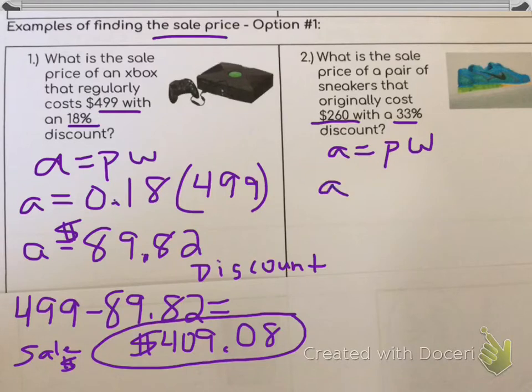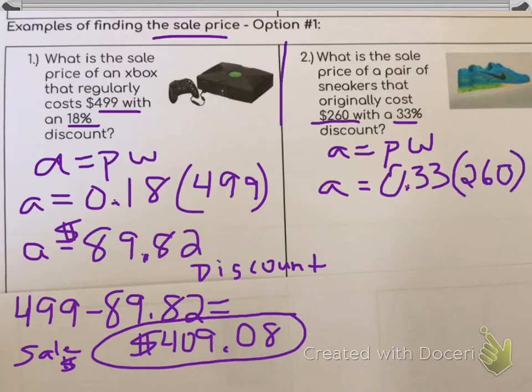We are looking for the part. The percent is 33%, written as a decimal is 33 hundredths. And we're going to multiply that by 260. On your calculator, plug it right in, 0.33 times 260.